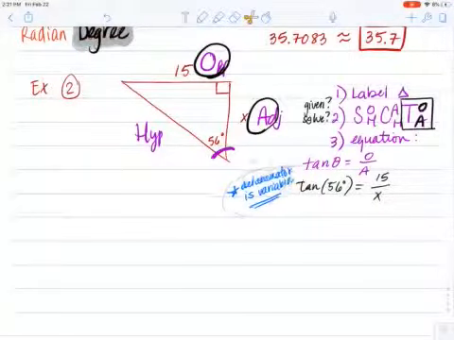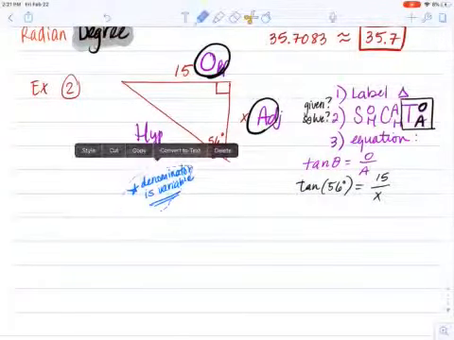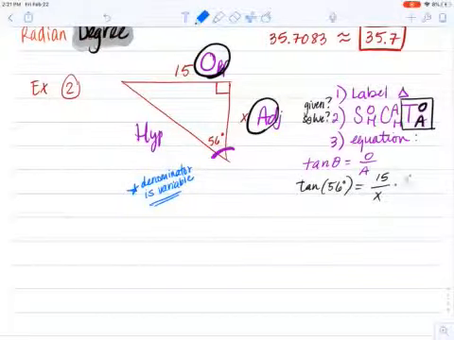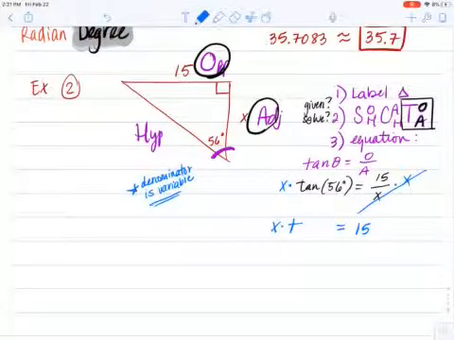However, we still want to, actually let me move this over here, we still want to multiply both sides by the denominator. You always do that, okay? Just looks a little confusing. So that'll cancel the denominators out, which is what I want. So I get 15 equals x times tangent of 56.